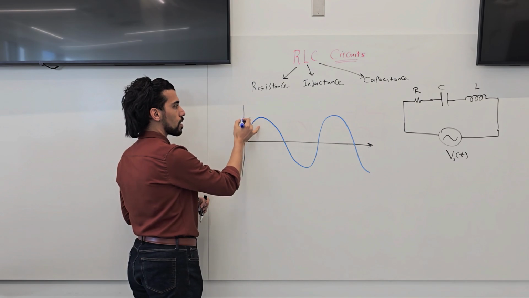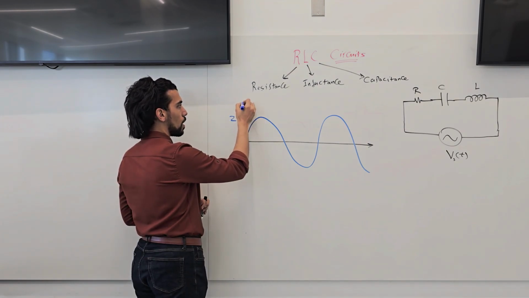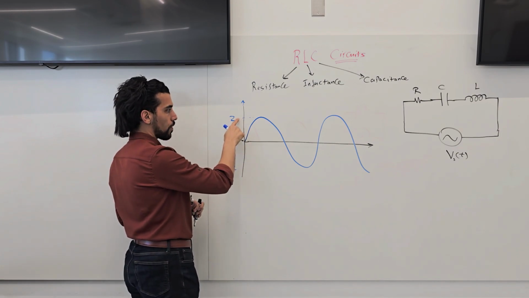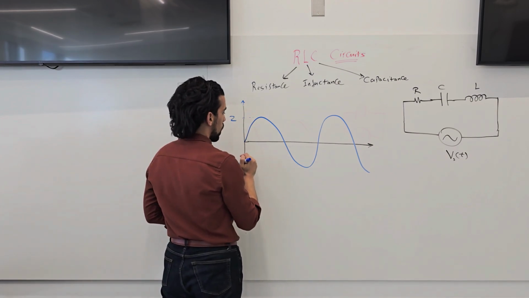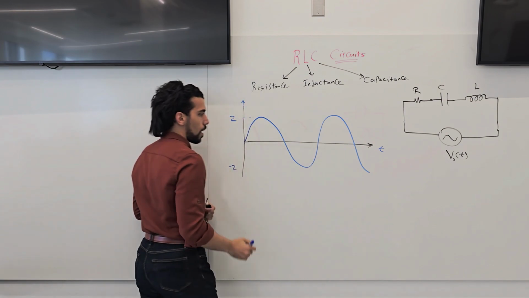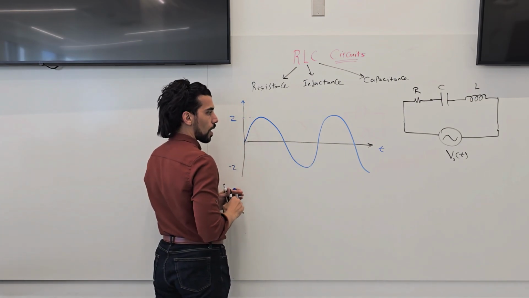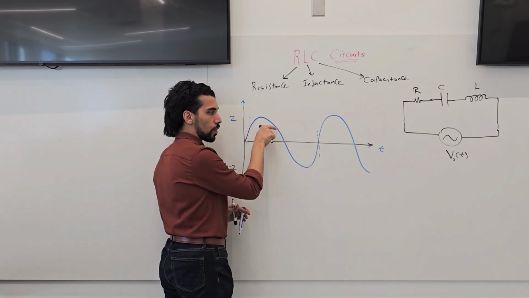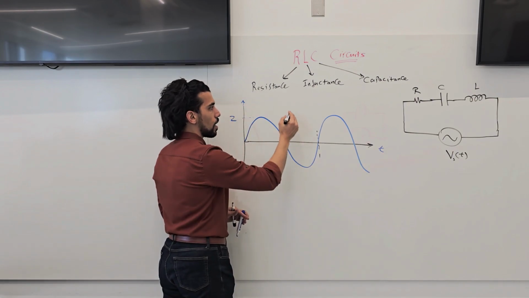The amplitude of this sine wave, let's say, is 2, so it goes from 2 to minus 2, and the peak-to-peak value is 4. Then this is over time, and this sine wave repeats itself at this point.